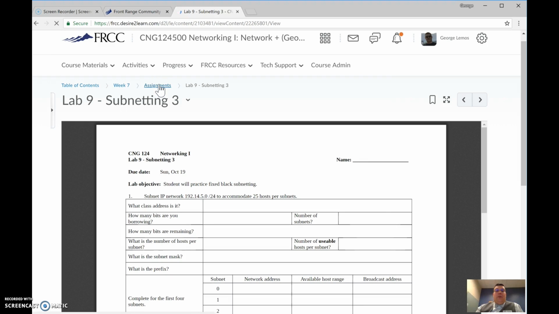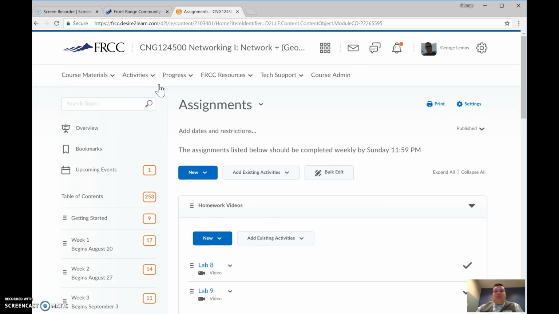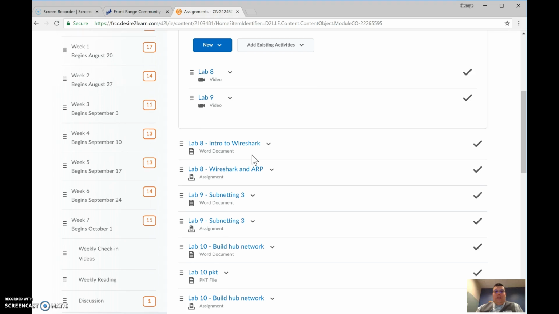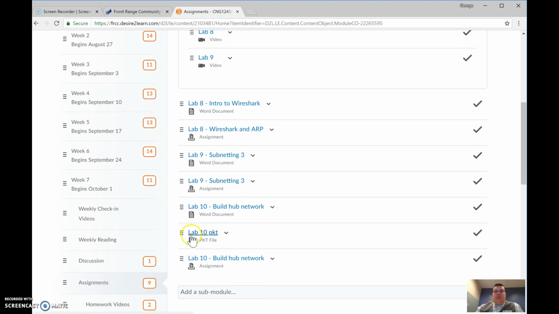When we get to building a hub network, make sure to download the packet tracer file and follow the directions. That's what you'll use in Packet Tracer. You'll see what a hub network does, take some screenshots, and we'll use Packet Tracer a little more in depth, plus an introduction to Wireshark. With this one, watch my video at least twice.